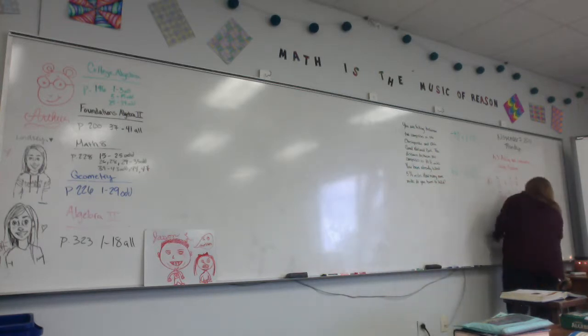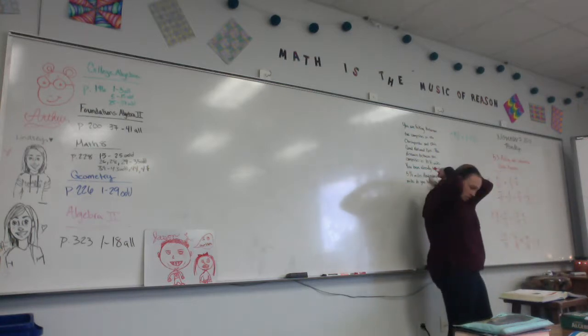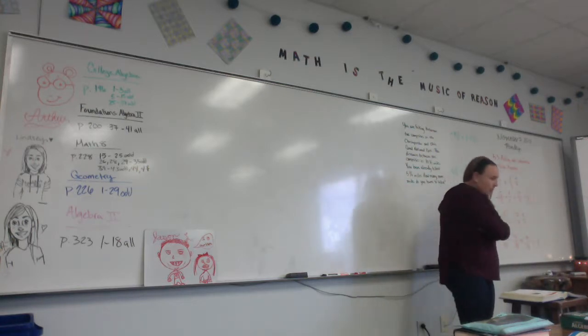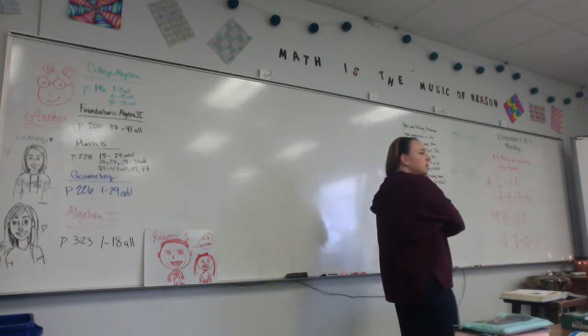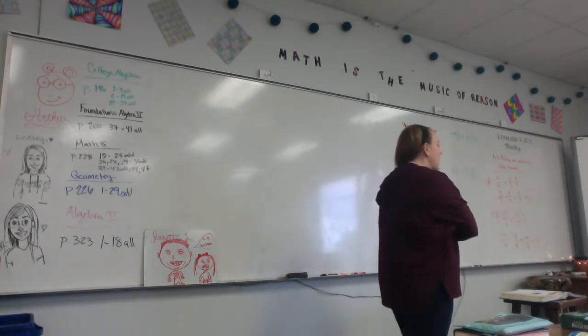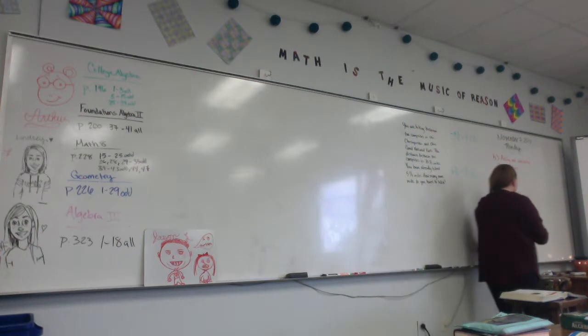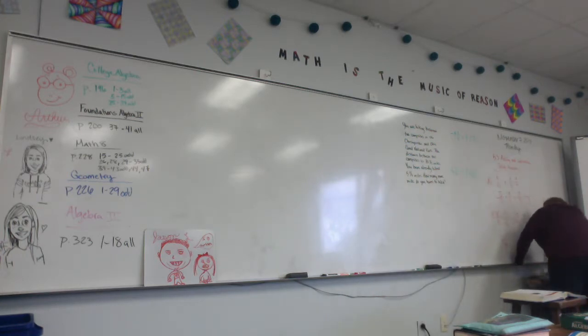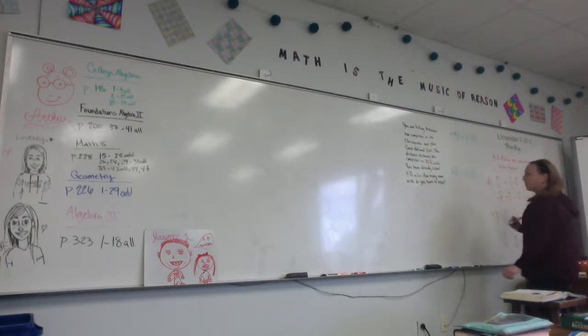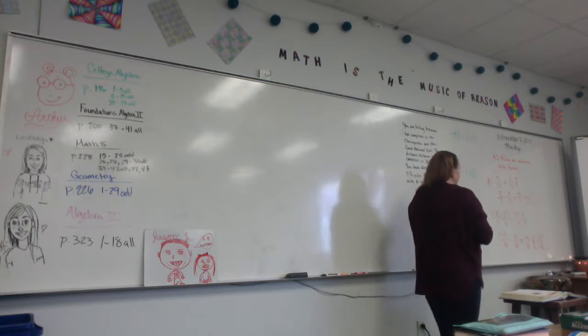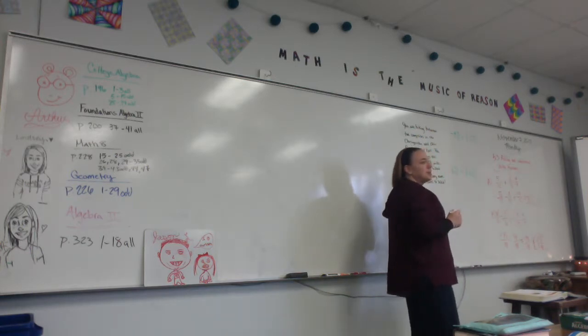What's 29 minus 18? 11. So negative 1 and 11/18. Okay, that is my answer. So always simplify and always change it into a mixed number for me.